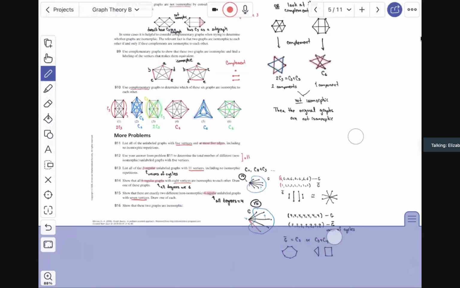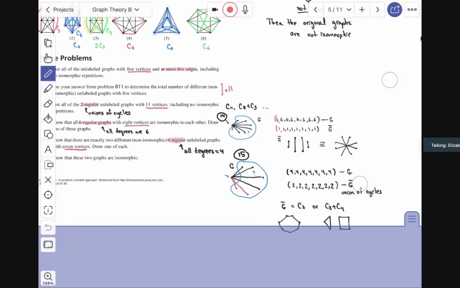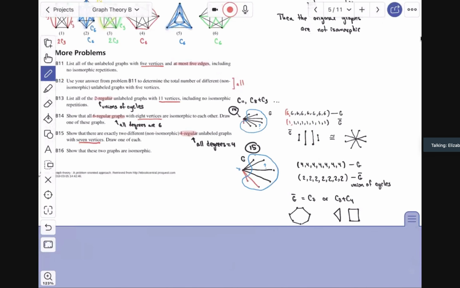Let's see. I have a question. I'm not quite understanding the complement of each graph. Like, just draw all the edges that are not there.